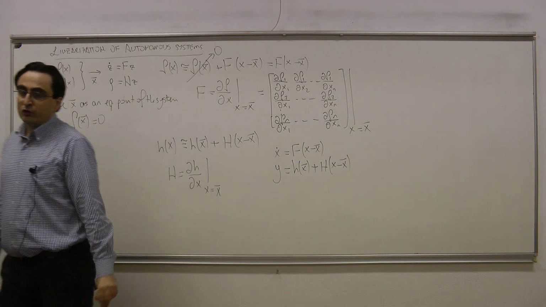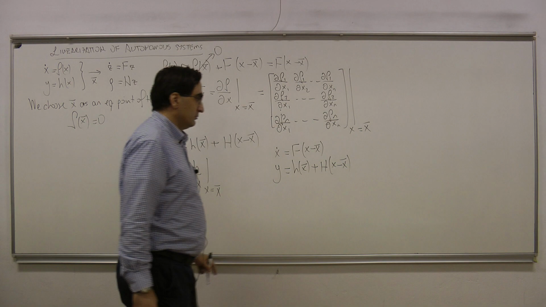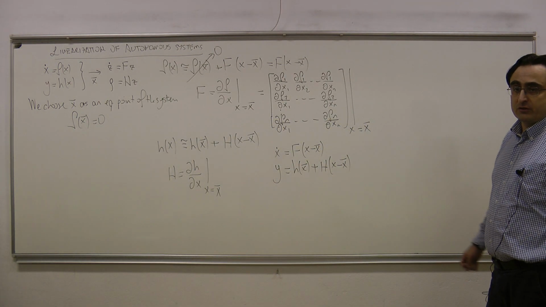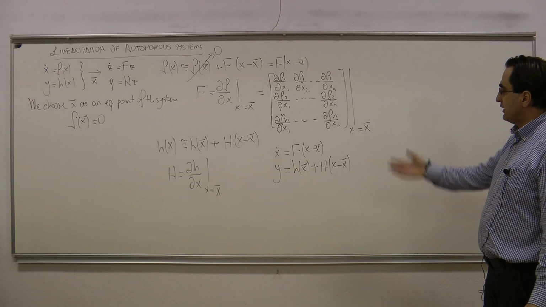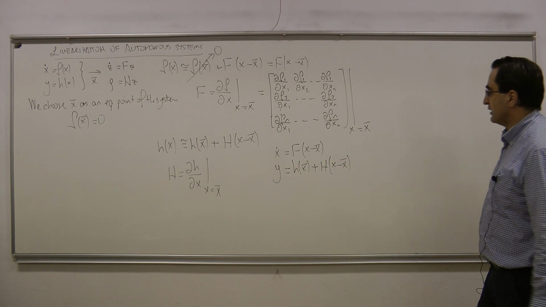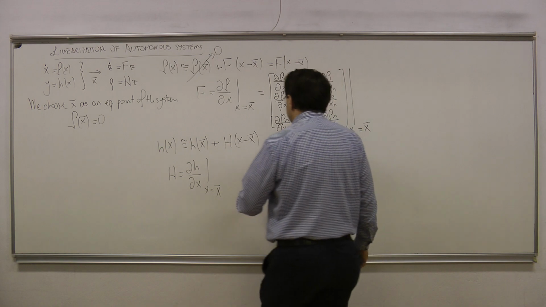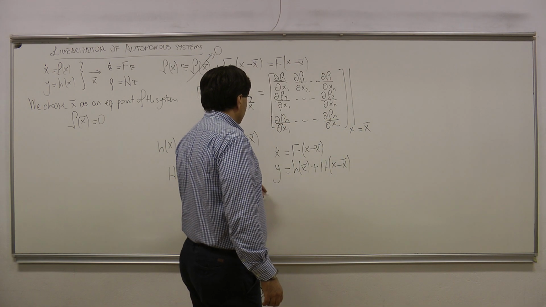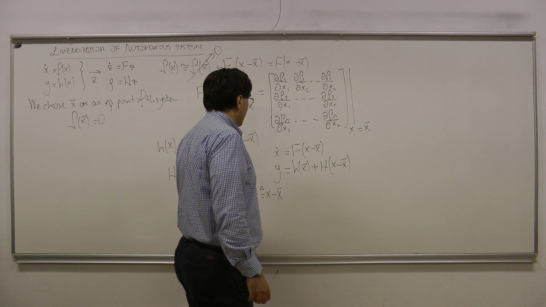So now I'm going to make an approximation. I'm going to now make new definitions for a new output and new state variables. So the first thing that I define is a new state variable. That is z is x minus x bar.